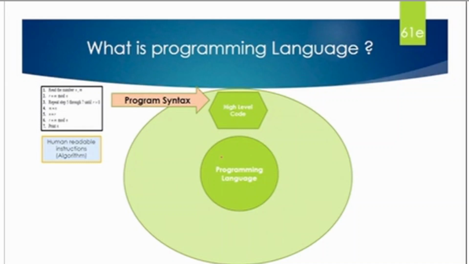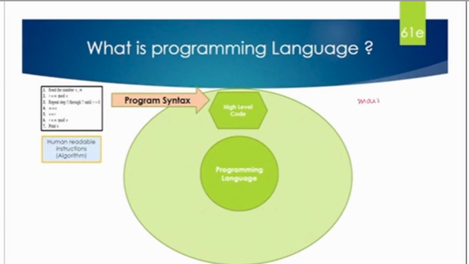We need to follow some rules which are provided by the programming language. Now we are talking about the C programming language here, so we need to convert this algorithm into C language. So let us take the same example and see how the high level code should look for this problem.